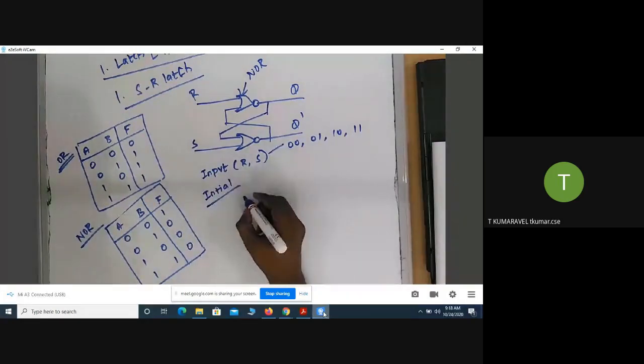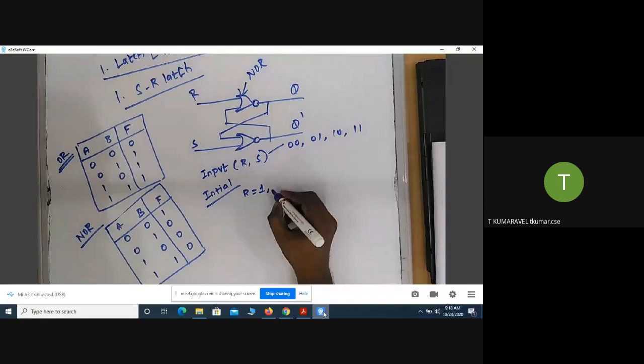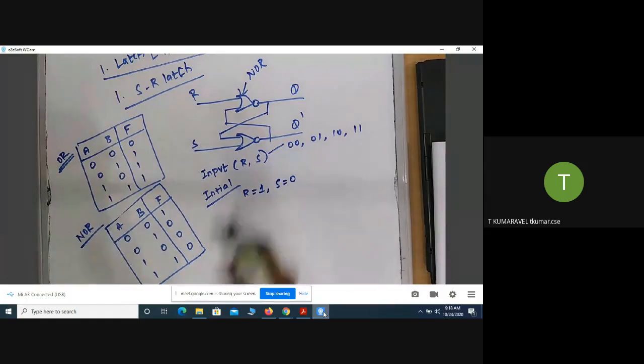I'm going to take these combinations in random order; you can take any order. First I take R equal to 1, S equal to 0, and check the behavior of the circuit.